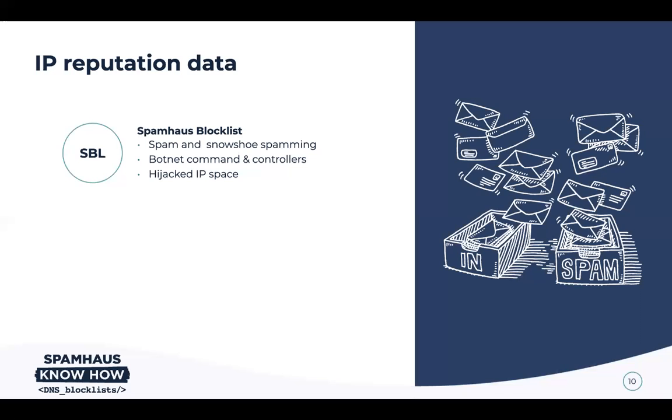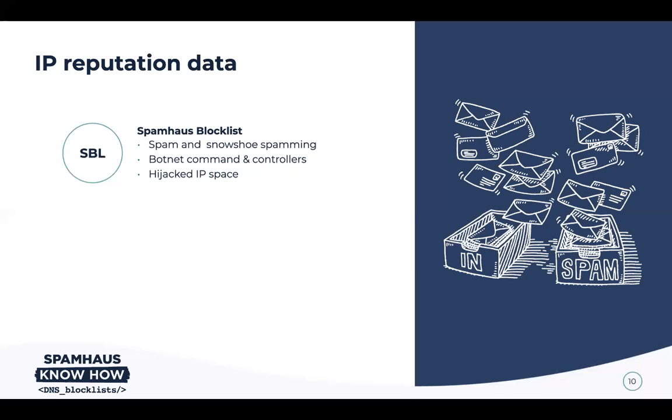The second advantage is that when a problem is identified and an SBL entry is created, the SBL sends a notification to the network owner of that net block, telling them that a listing has been created and providing them the information that we collected about the reason for the listing. As such, it is very useful as a general purpose tool to address problems that are observed on the internet, because that is just the start of a process that identifies the issues and blocks them for the Spamhaus users.